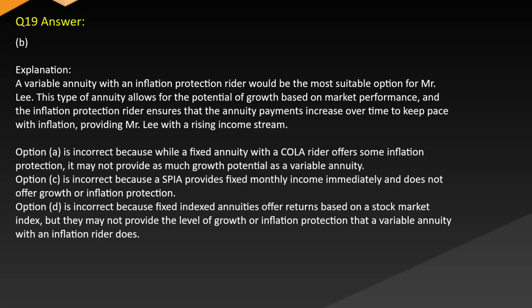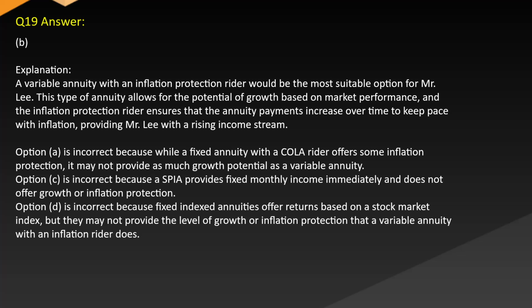Answer B. Explanation. A variable annuity with an inflation protection rider would be the most suitable option for Mr. Lee. This type of annuity allows for the potential of growth based on market performance, and the inflation protection rider ensures that the annuity payments increase over time to keep pace with inflation, providing Mr. Lee with a rising income stream.